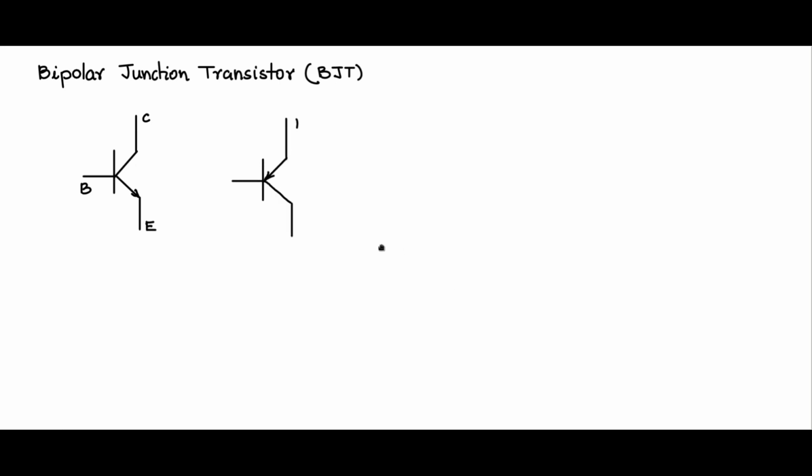You also will see in the literature another symbol, slightly different, only the arrow mark here is moving out like this and this is coming in this fashion. They are basically to distinguish the internal doping which is used to construct the transistor.